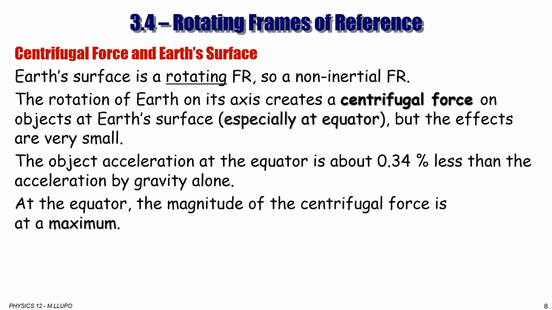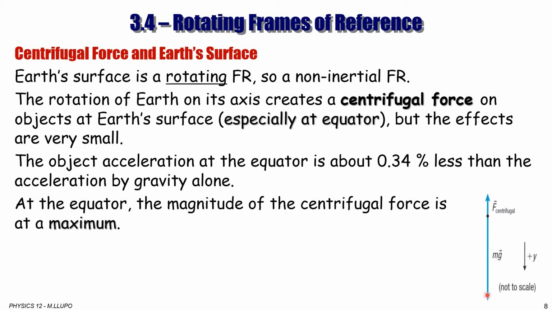At the equator, the magnitude of centrifugal force is at maximum, although it is really very small. So at the equator, you have gravity pulling you down, and a centrifugal force pushing you up, making you want to fly away from the surface of the Earth.